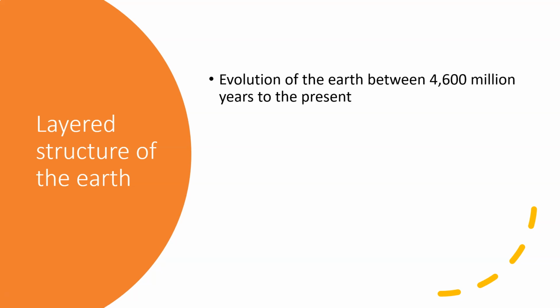So that's what we are going to find out: how the period between 4,600 million years ago and the present led to the evolution of the planet. The Earth does have a layered structure.